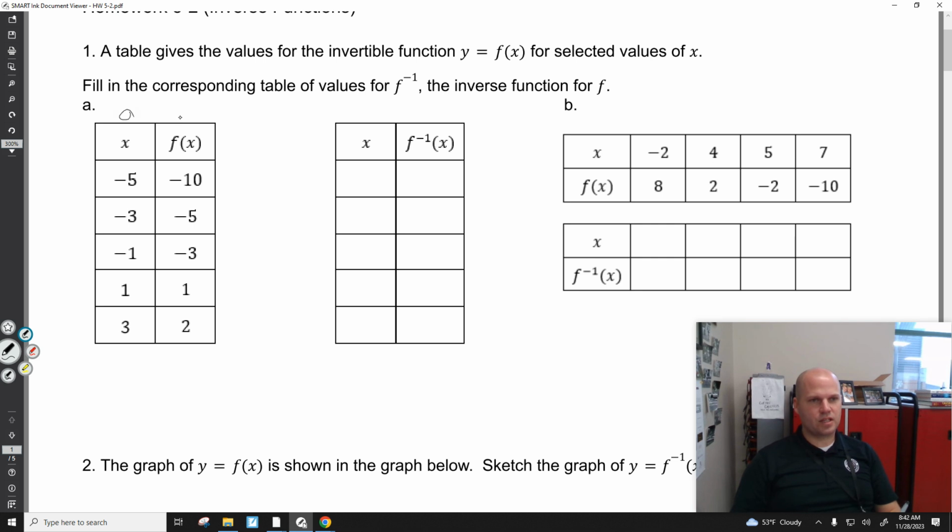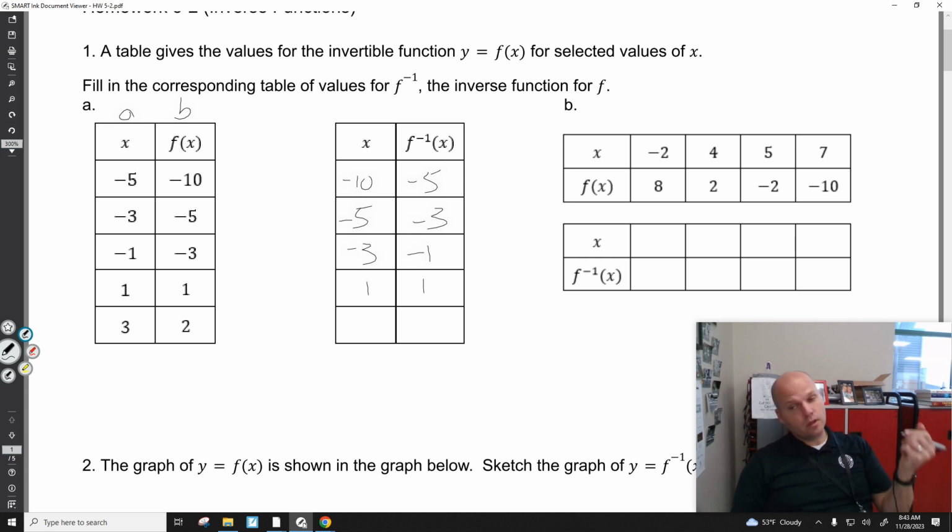If these are A's and these are the B's, these are your inputs and your outputs, you would take your outputs, plug them into your inverse, and it'll bring it back to the input. Like if you plug in -5 and you get -10, I'll plug in -10 into the inverse and it'll bring me back to -5. I'll plug in -5 into the inverse, it'll bring me back to -3. I'll plug in -3 back into the inverse, it'll bring me back to -1.